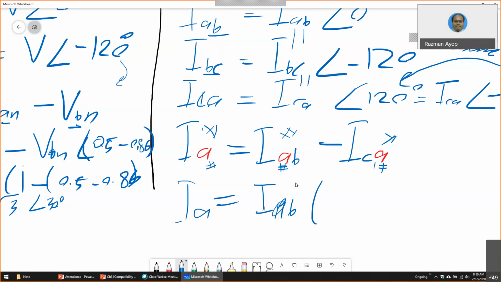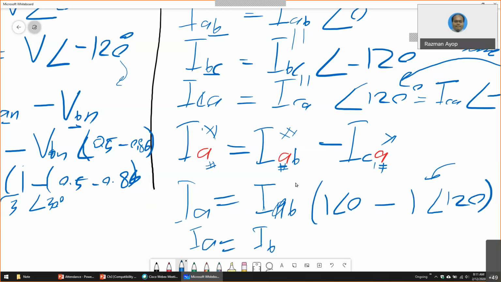This one is 1 angle 0 minus 1 angle 120. Use your calculator, and then you get IA equals IB multiplied by square root 3 angle negative 120 degree.